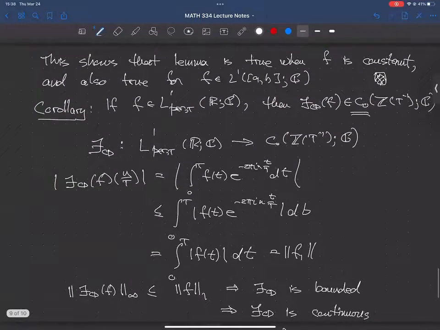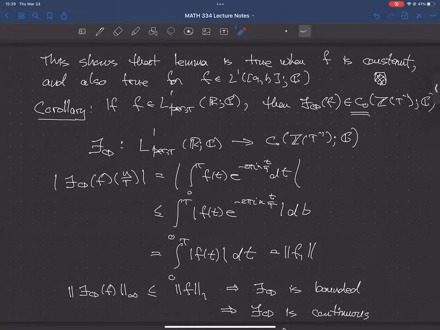So L1-ness of a signal gives me a CDFT that decays to 0. And what we're going to see is that if you pile on more properties than just L1-ness, then you can say something about the rate at which you go to 0 in frequency.